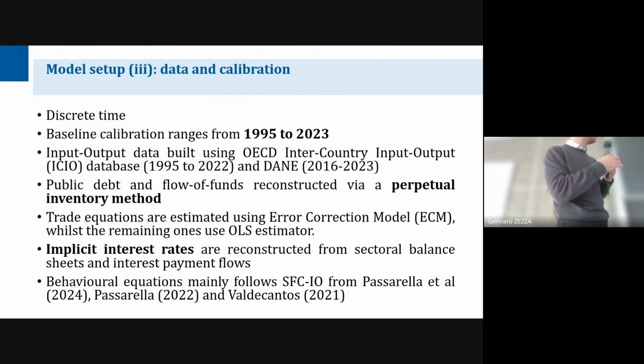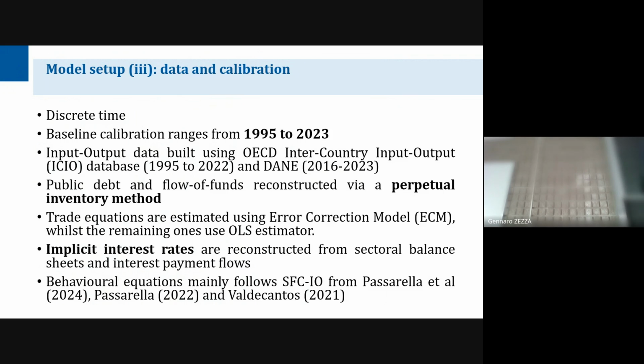We use discrete time, and by using input-output tables from the OECD database and combining them with the national accounts statistics from DANE, we obtain a baseline for the period 1995 to 2023.